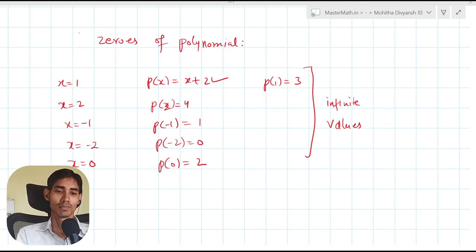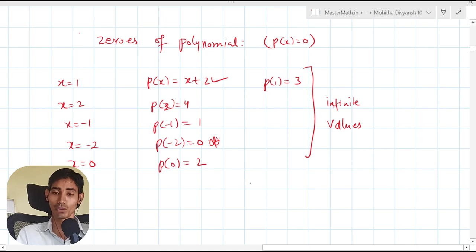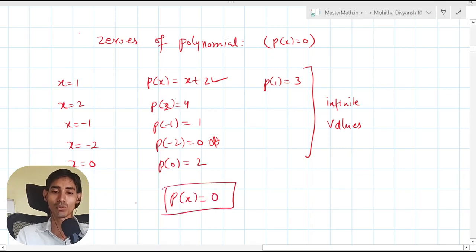Now, this value, where the polynomial value became 0, we are not concerned with the x value. Just remember this one thing, the polynomial value should be 0. That's the only concern. Let me make some stars and moons and satellites.